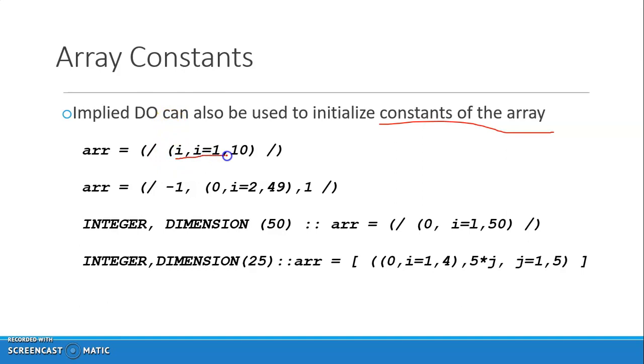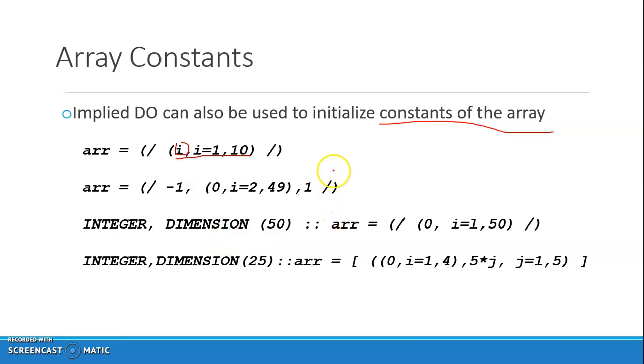you specify inside, and it initializes. So here we are saying I equals 1 up to I equals 10. In other words, we want to start iterating from 1 up to 10, and in each iteration this statement should be executed. In the first iteration we are going to get 1, in the second we get 2, up to 10.